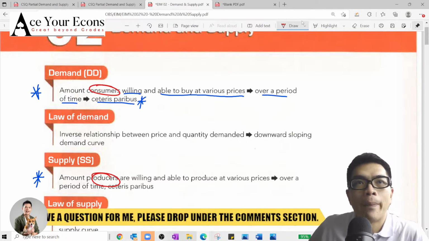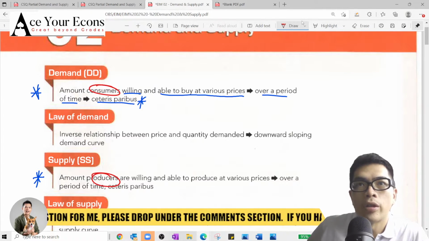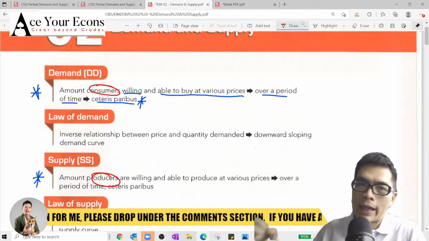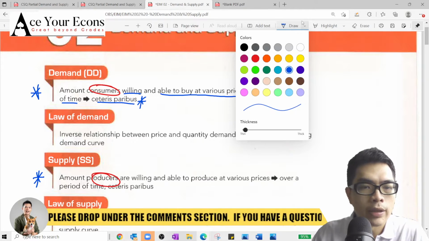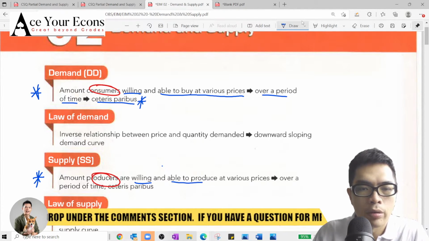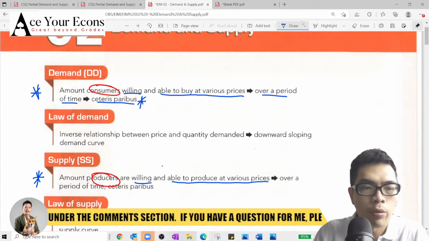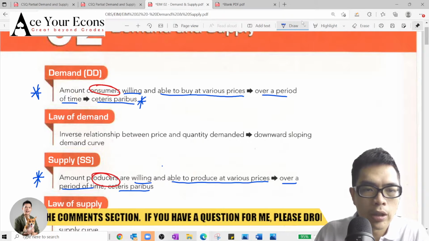For supply, the producer. It follows the exact same format as demand, just that we are looking at producers: how are they willing and able to produce at various prices over a given time period, ceteris paribus.